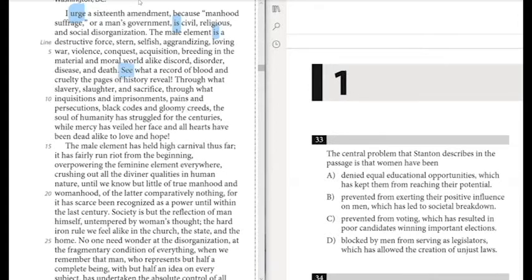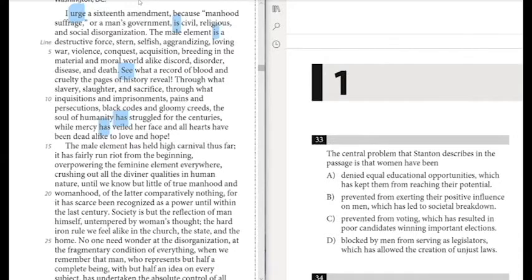"I urge a 16th Amendment because manhood is civil, religious, and social disorganization. The male element is destructive. See what a record of blood and cruelty the pages of history reveal." So when men have been in control, we've seen lots of blood and cruelty.